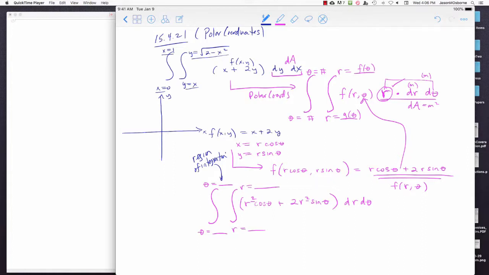We're integrating from y equals x, the bottom limit, up to the top function, which is the equation of a circle. This is the circle x squared plus y squared equals 2, which means the radius of this circle is the square root of 2.